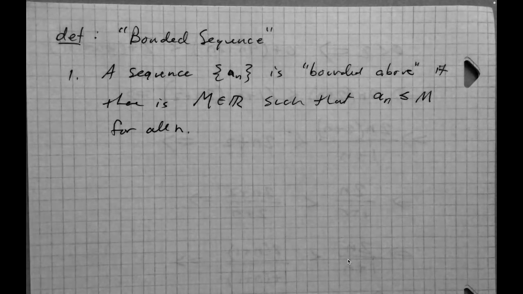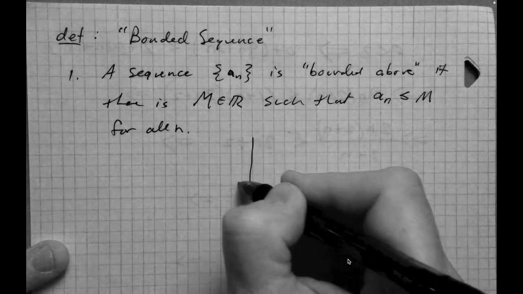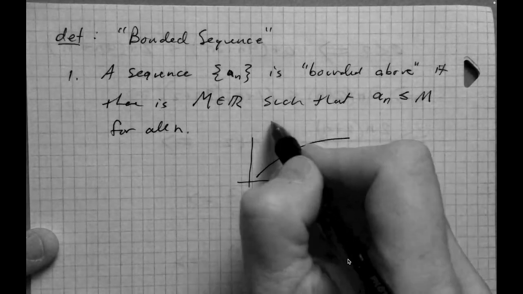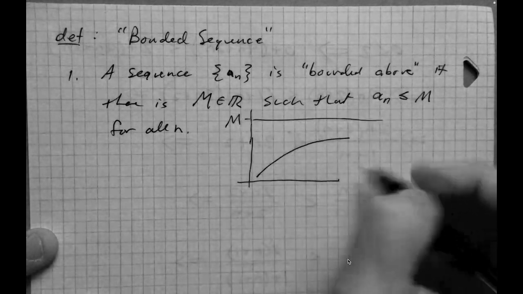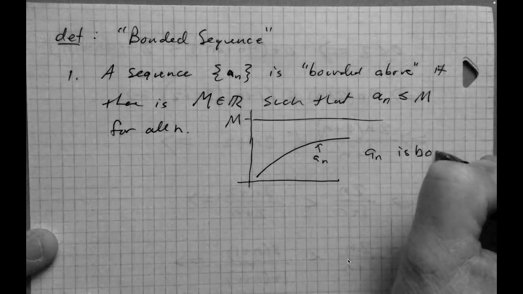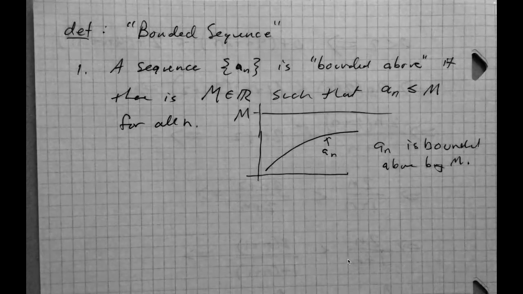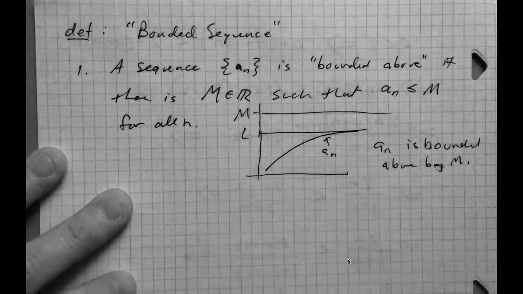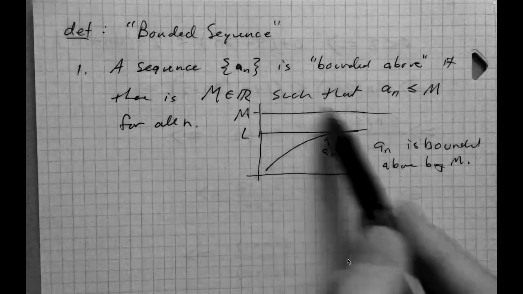It's a simple definition. Let's say I've got a sequence that does this, and you can see it flattens out. Somewhere up here I've got an M. So if this is your a_n, then a_n is bounded above by M, which just means that all the terms of the sequence are less than M. If my sequence heads towards some limit L, then clearly this value M is an upper bound.